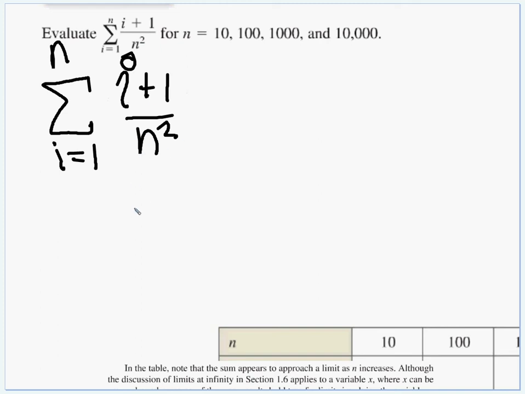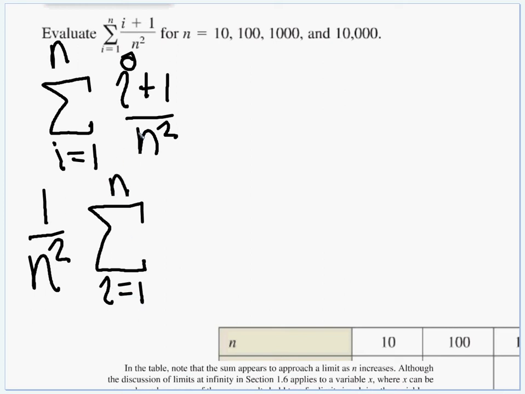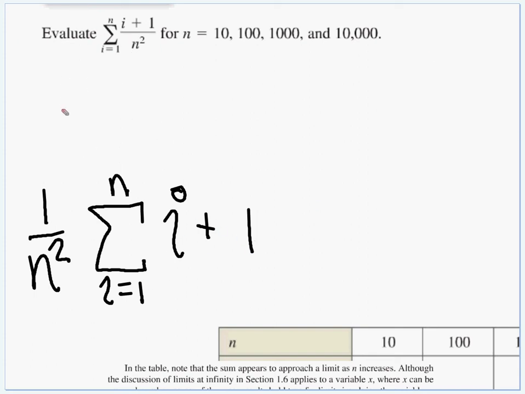We have an n squared, but we can pull that out front. So this n squared in the denominator, I'm going to drag it out in front of the summation symbol. When it's out in front, it is now 1 over n squared, and we're going from i equals 1 to n. Now what we have here is just i plus 1, so just i's and numbers, and that's exactly what we're going for.